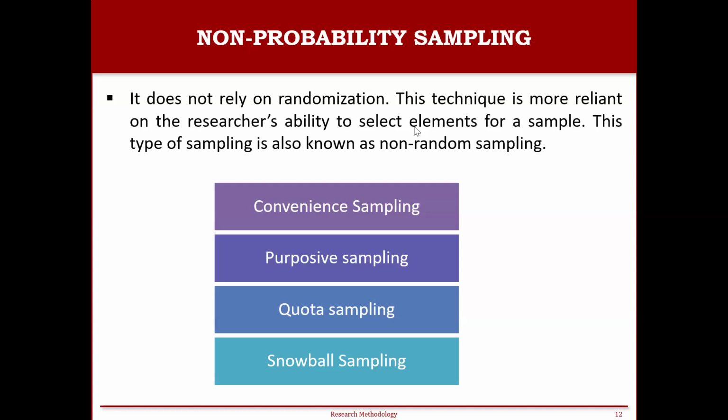Then we have quota sampling, another technique under non-probability sampling. In quota sampling, we divide the population into subgroups, just like stratified sampling, but the difference is that the selection of the participants within each group is non-random.